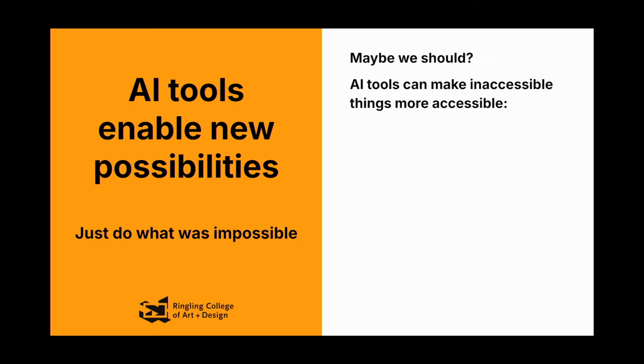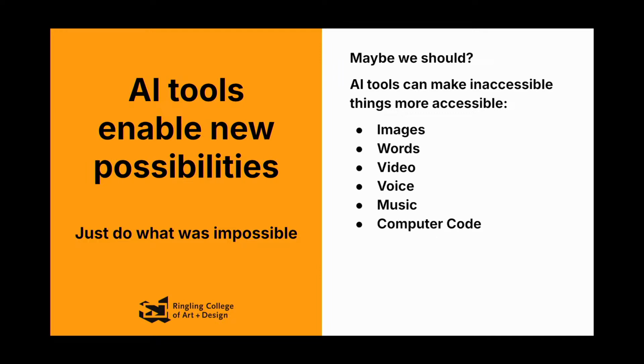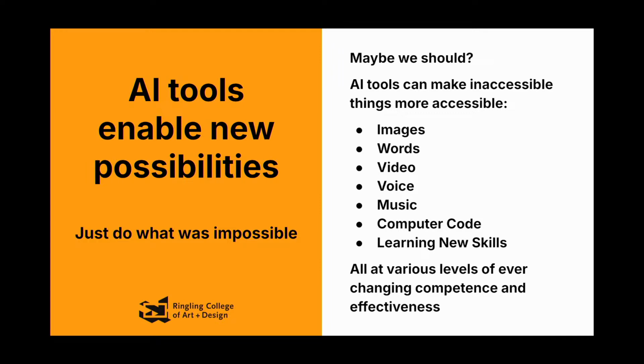They can make the inaccessible things more accessible, right? They make creating images more accessible, writing readable words, creating video, voice, music, computer code, learning new skills, all more accessible, more available at various levels of competency and effectiveness. But all of these things are getting better all the time.